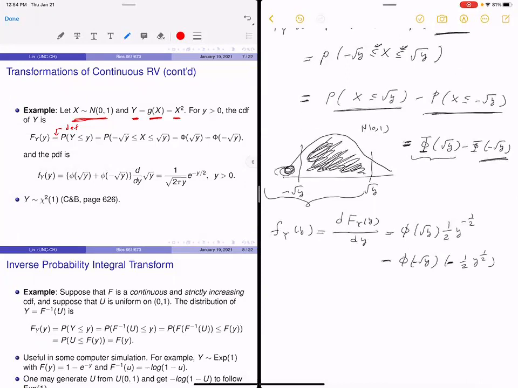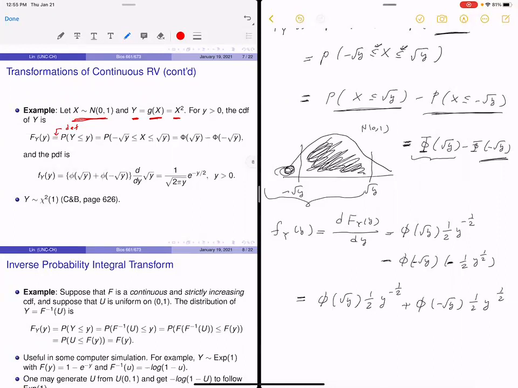Okay, then you simplify that, and it becomes phi of y times one half y to the minus half, plus phi of minus y times one half y to the minus half. Okay, could I even further simplify?